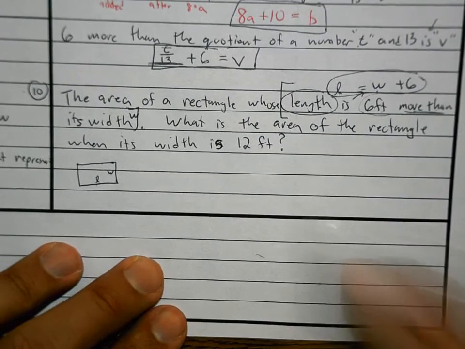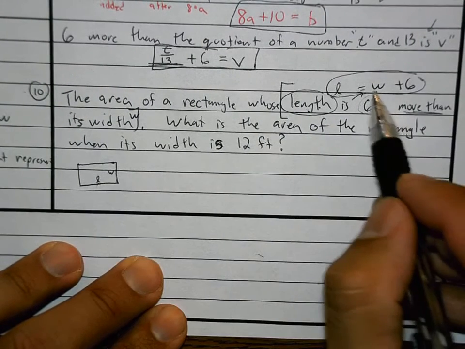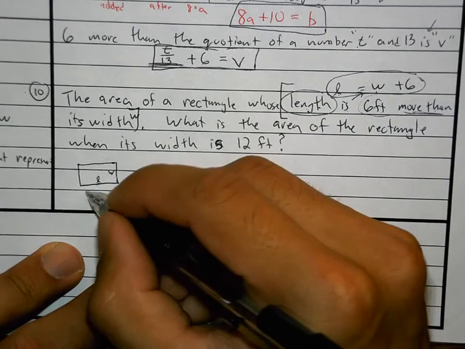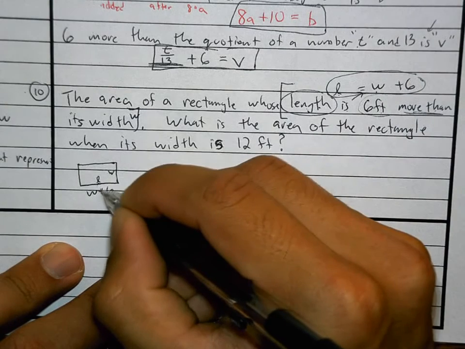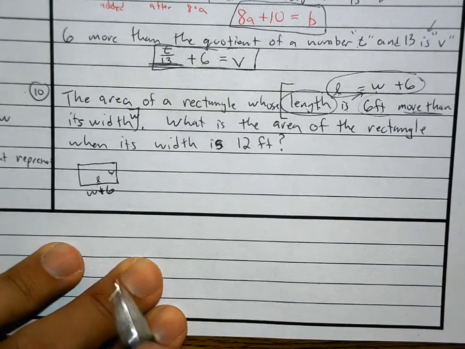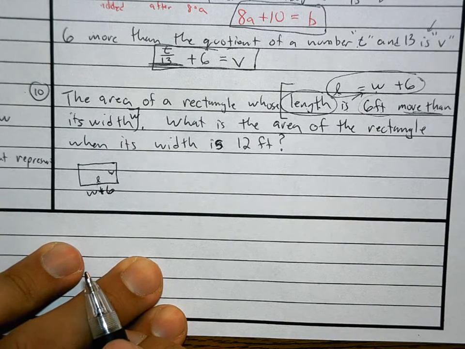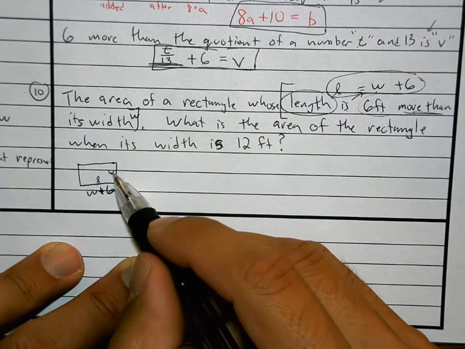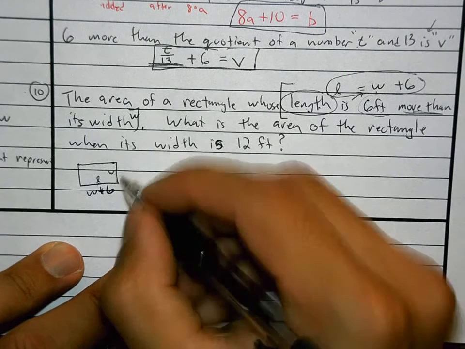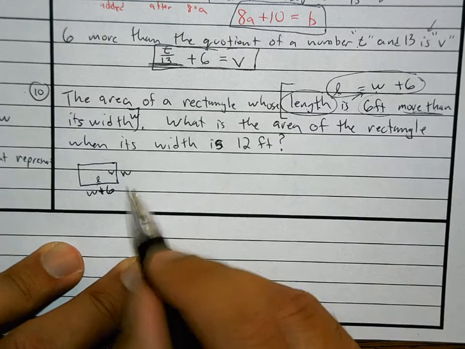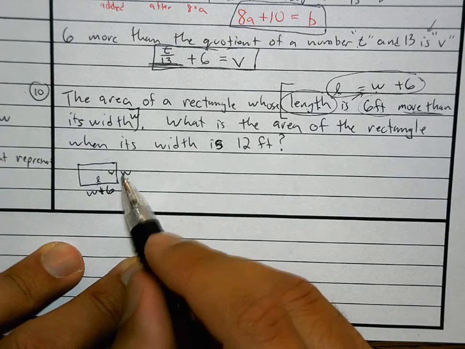This side that's the length, I'm going to use W plus 6. It's the width plus 6 more. Do I know what the W is yet? Nope. Well, I do, but I'm going to put it in terms of the variable right now.